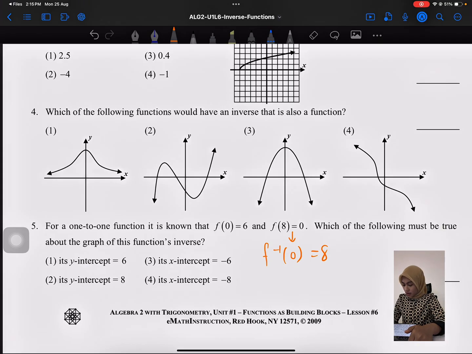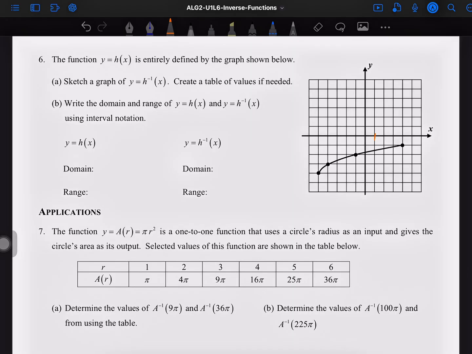So when we invert this, f inverse of 0 is equal to 8, and by definition, the second is the correct one.